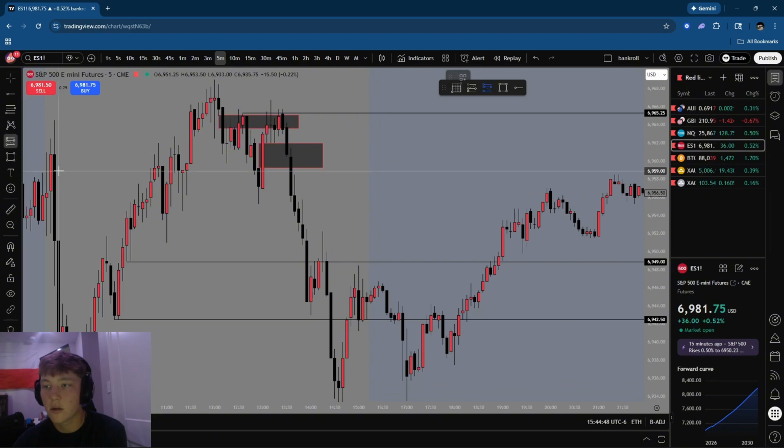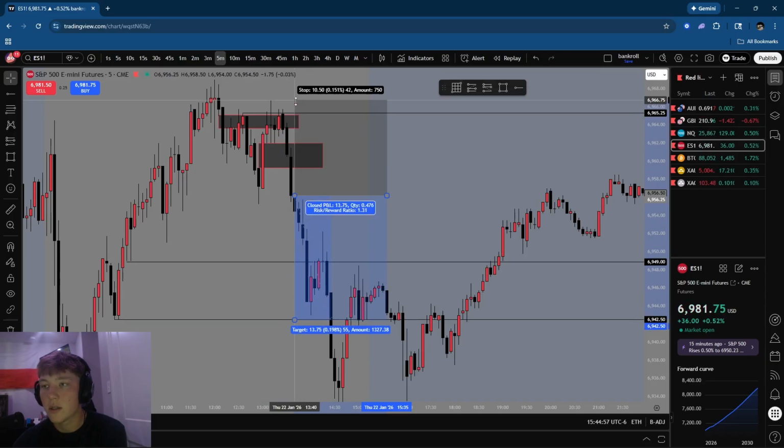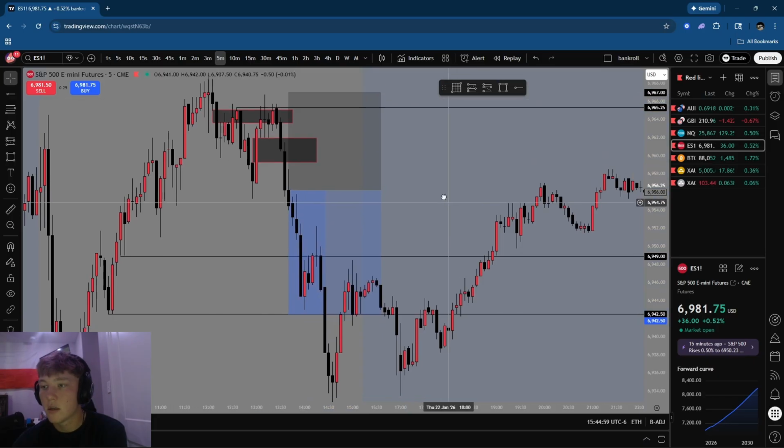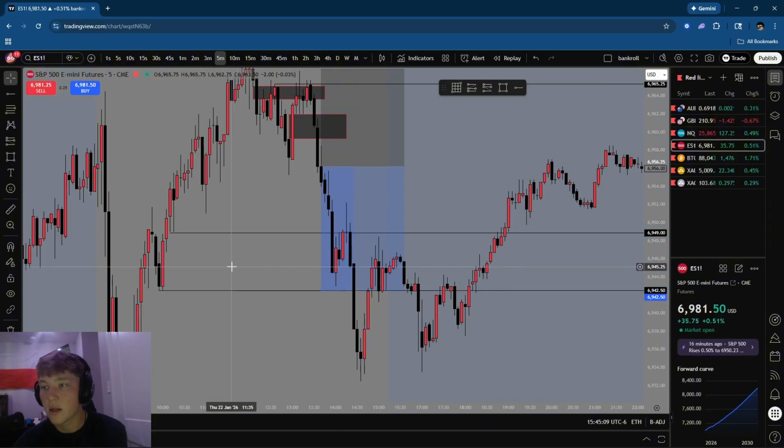So your position, after this candle, would have been like this, and you could put it at this low, and then put your stop loss above these highs, and that would have been a 1.28. You wouldn't have guessed that probably, but I would have probably put it at that low.